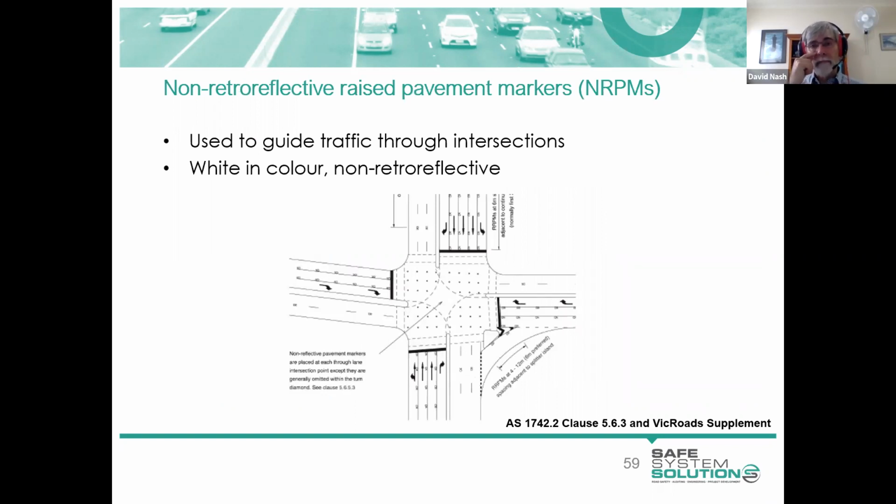Now, there are other raised pavement markers which are non-reflective, sometimes called ceramics, although I think these days they're probably more likely to be made out of plastic rather than ceramic. And they're non-reflective, they're just round discs to mark intersection points on the road where the lane line or the projection of the lane lines would intersect.